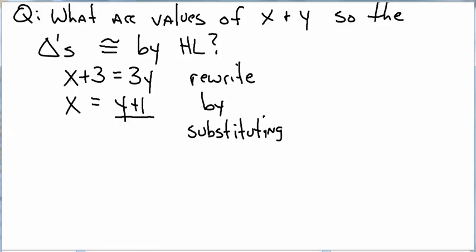You can put y plus 1. So you're going to get y plus 1 plus 3 equals 3y. Then you can combine like terms, and you get y plus 4 equals 3y.